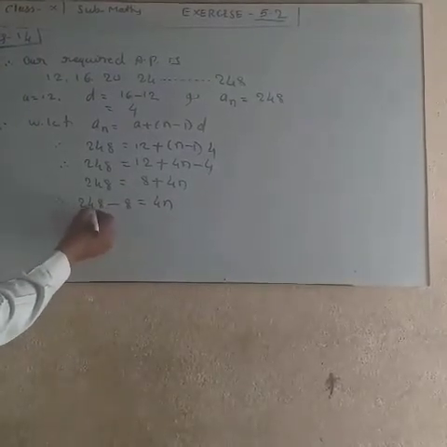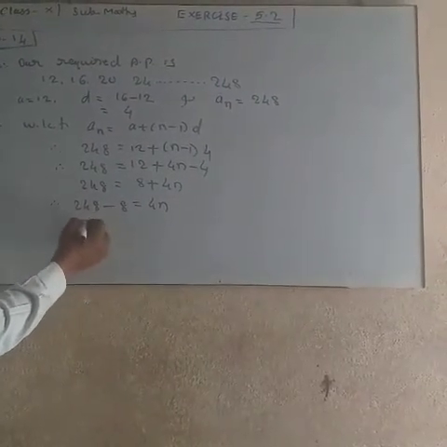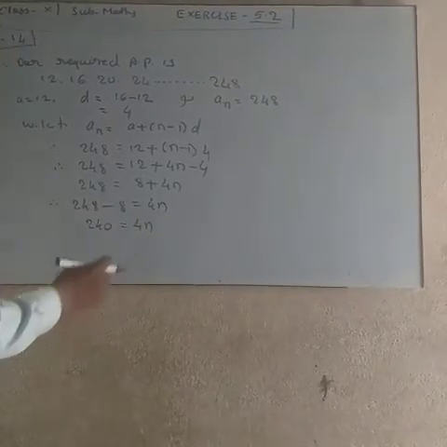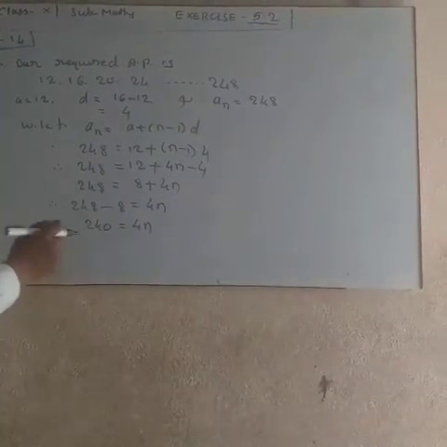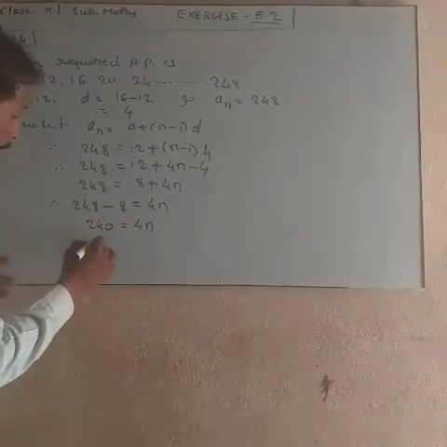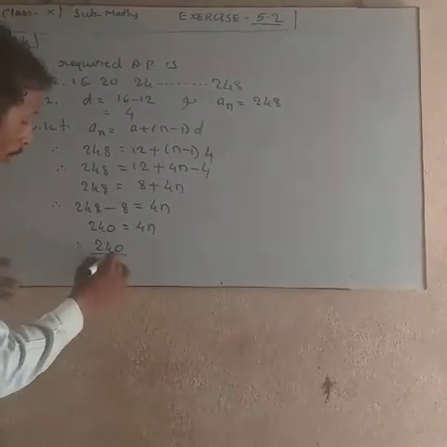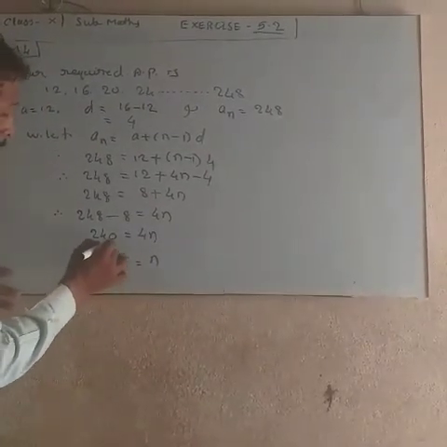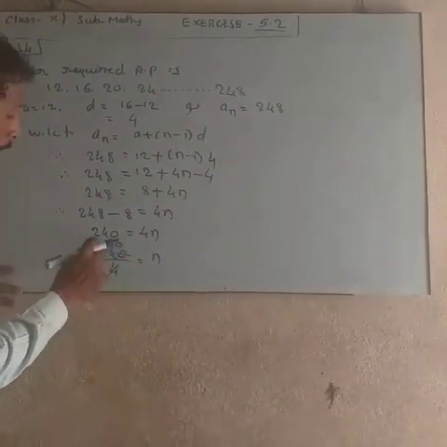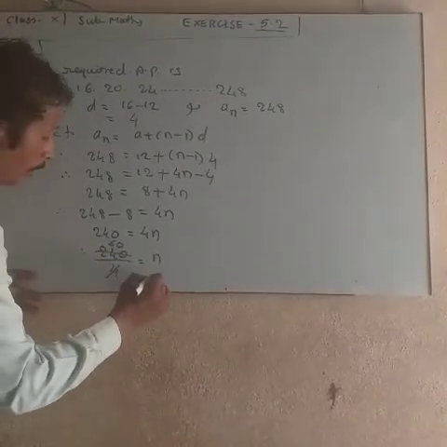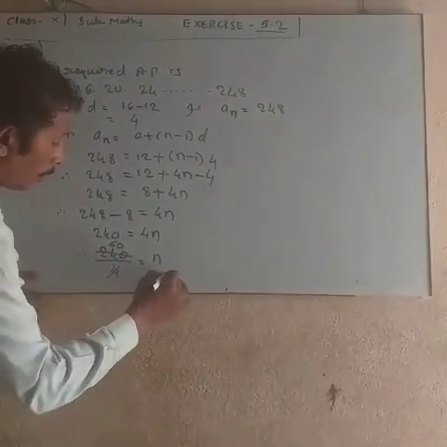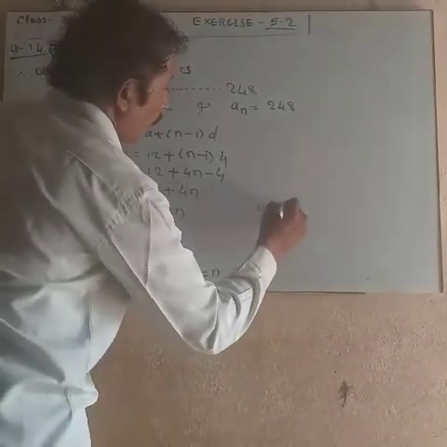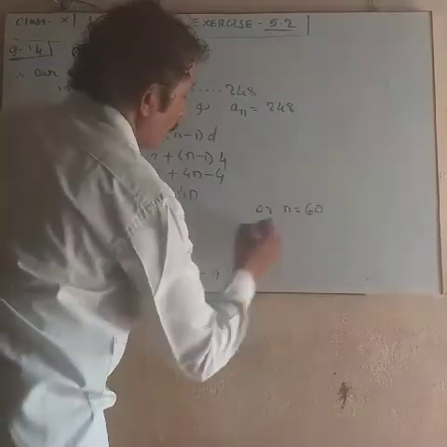The remaining number is 240 equals 4n. Now taking 4 to the left side, it becomes division. 240 divided by 4 gives n. 4 sixes are 24, put 0. This is 60 equal to n, or n is equal to 60.